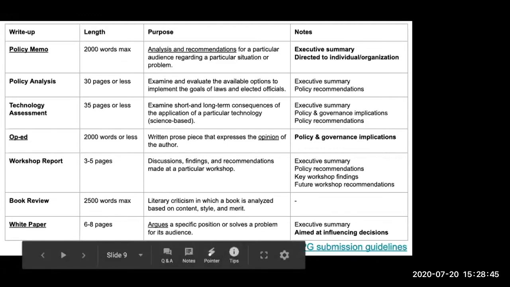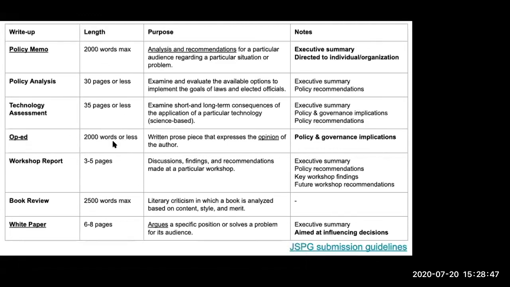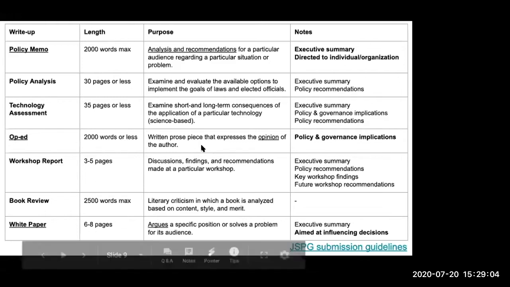In contrast, the op-ed, which is also 2,000 words, so they're both about the same length, would express your own opinion in a newspaper or other avenue and tie that to the policy or governance implications. There are also other types here you can read about.